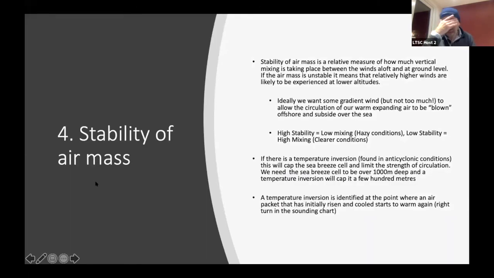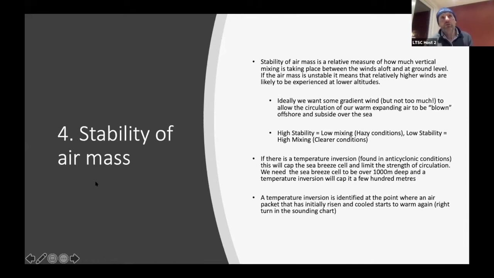Right. This was the piece I talked about with the inversion layer. I covered that in the drawing where we talk about stability, which is how much the air will mix or not mix from lower levels up to higher levels, beyond 500 meters where the gradient wind is and above.